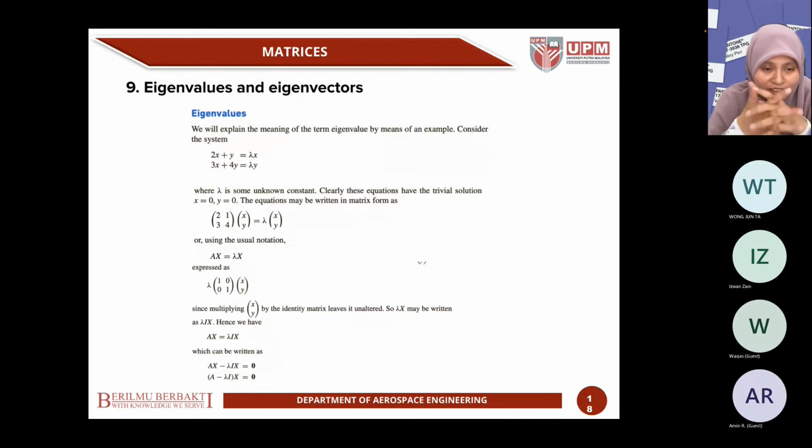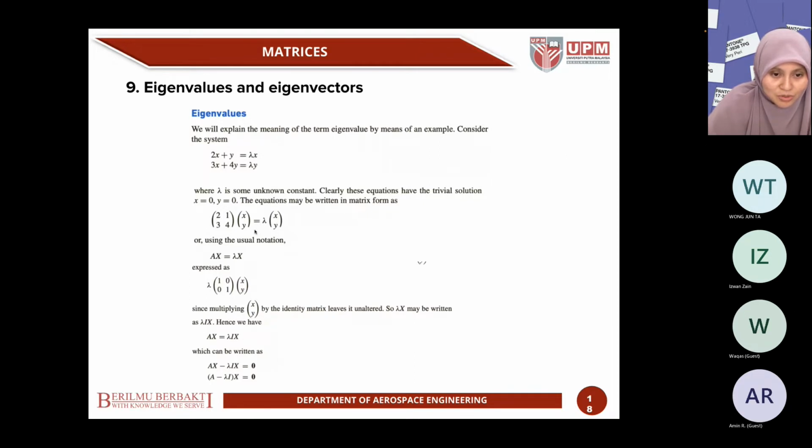Consider the system like the linear algebra equation just now, just that we have lambda here, an unknown constant. We can transform these two linear equations into matrix form like this: 2, 1, 3, 4, x, y, and lambda, a scalar constant, and x, y also here.